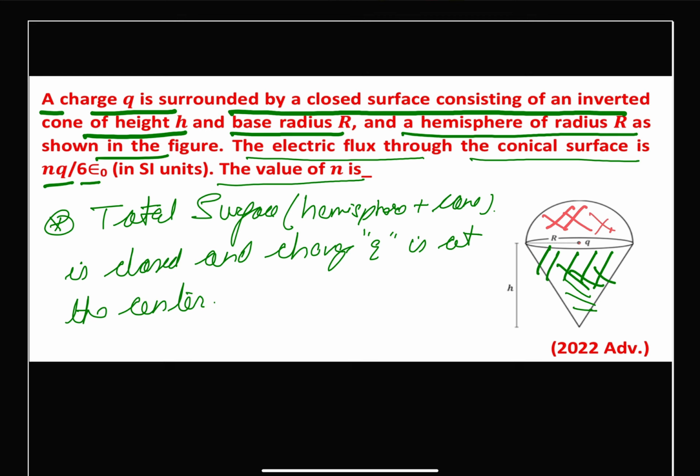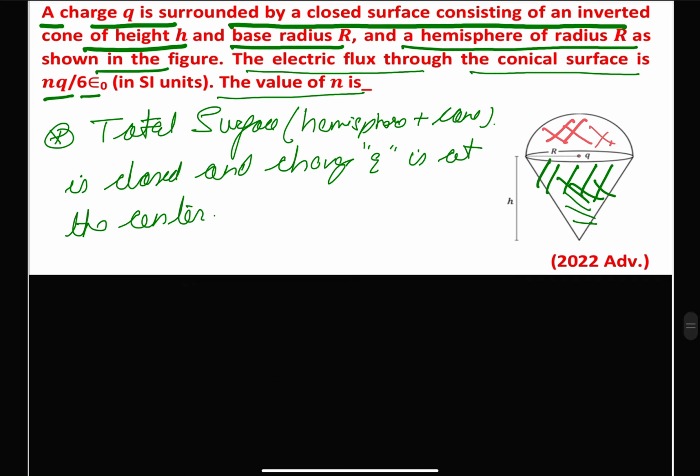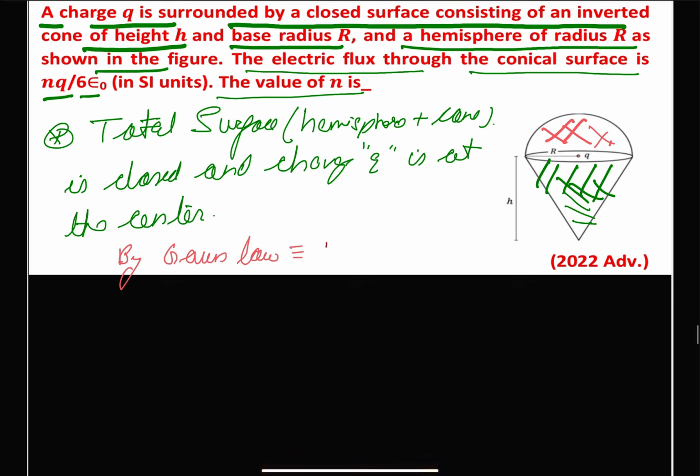Therefore, by Gauss law, we can write that the total flux, the closed surface integral of the electric field for a small area dA, will be charge enclosed divided by epsilon naught, and this total flux will be distributed for both our hemisphere as well as for the cone.